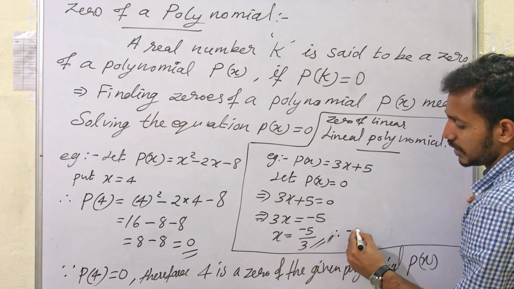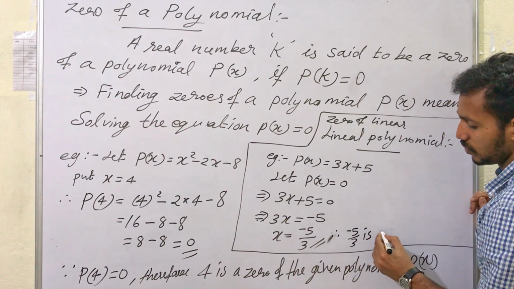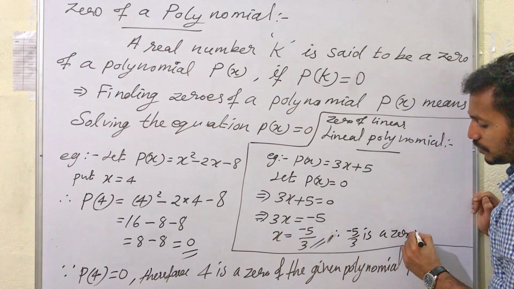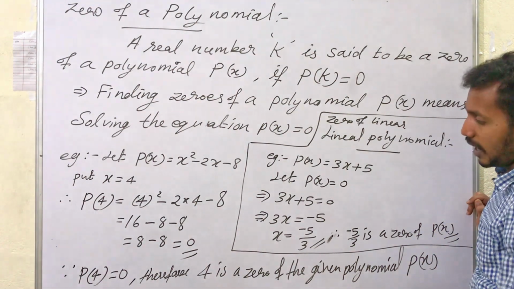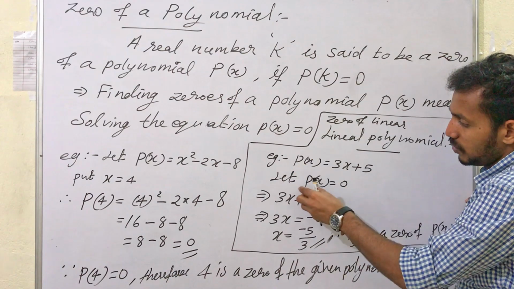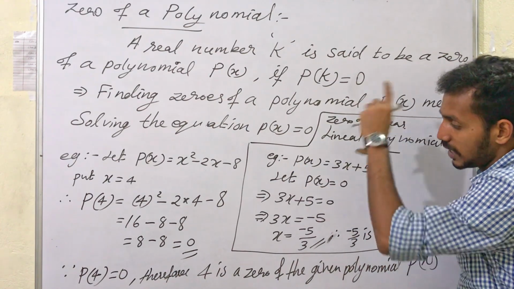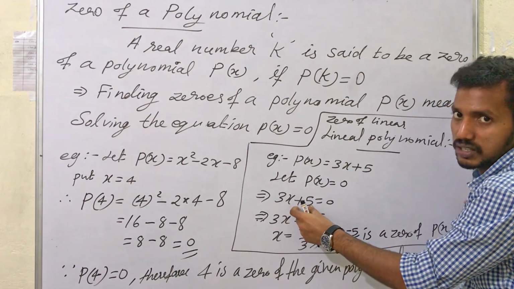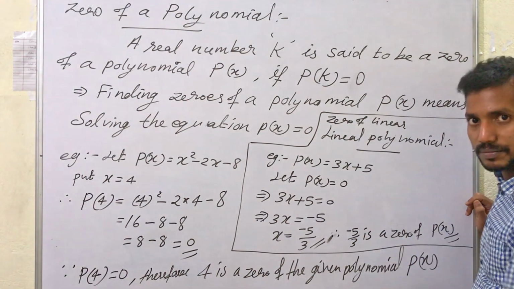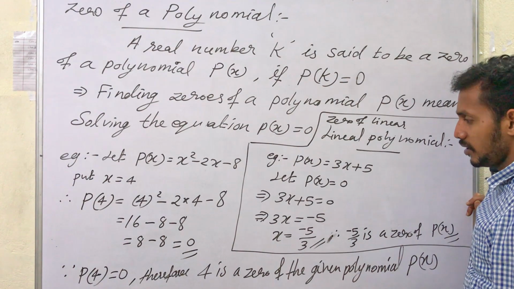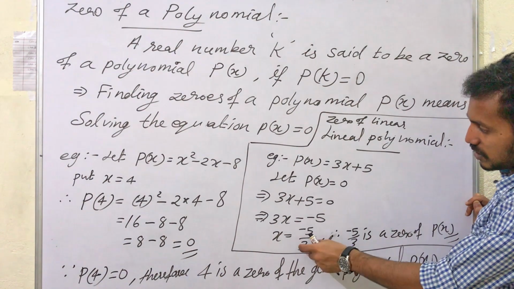Therefore, minus 5 by 3 is a 0 of p of x. When you put p of x equal to 0 in case of a linear polynomial, it becomes a linear equation in one variable. That's why we call this a linear polynomial. Clear? Let's check whether it is a 0 of the polynomial.